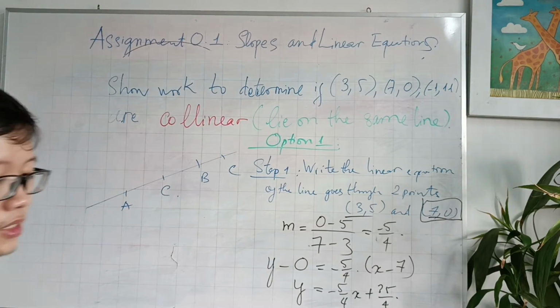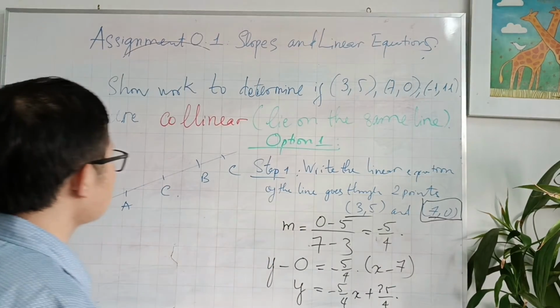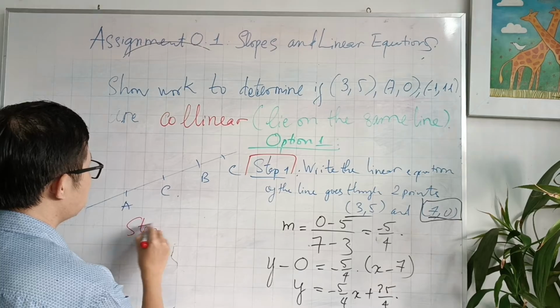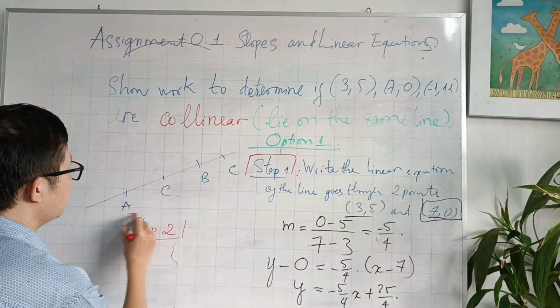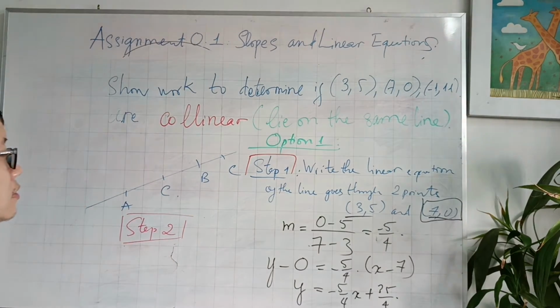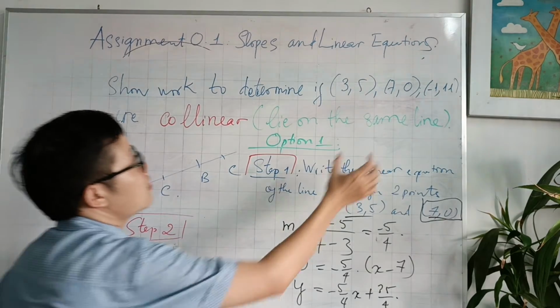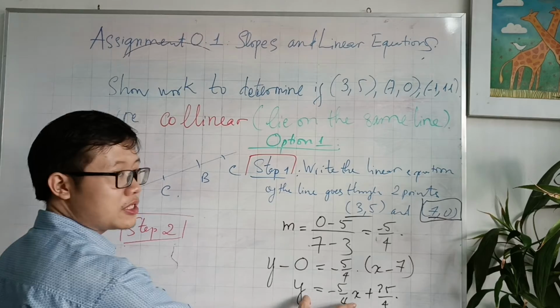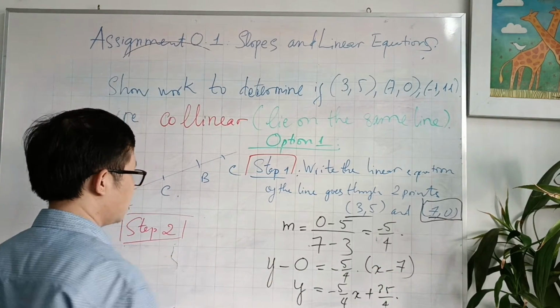Easy. Step 1 is done, and we move to step 2. We substitute the coordinates of the last point into the linear equation here.